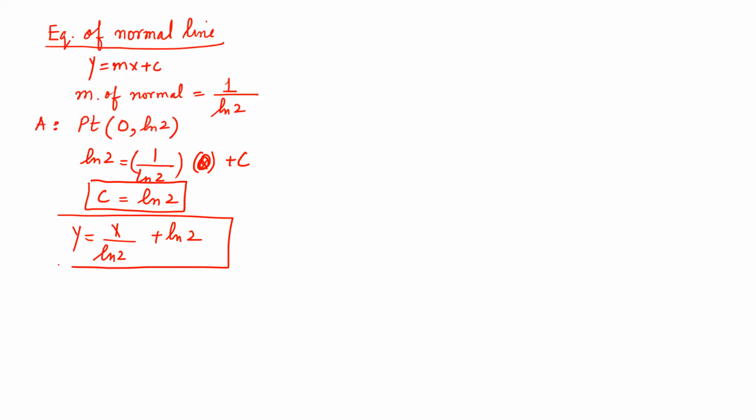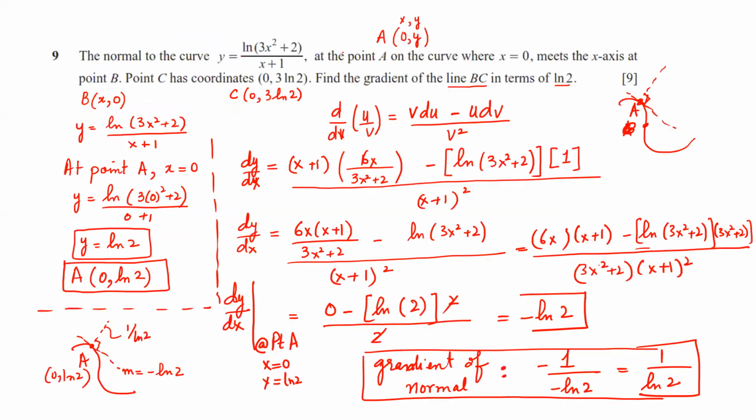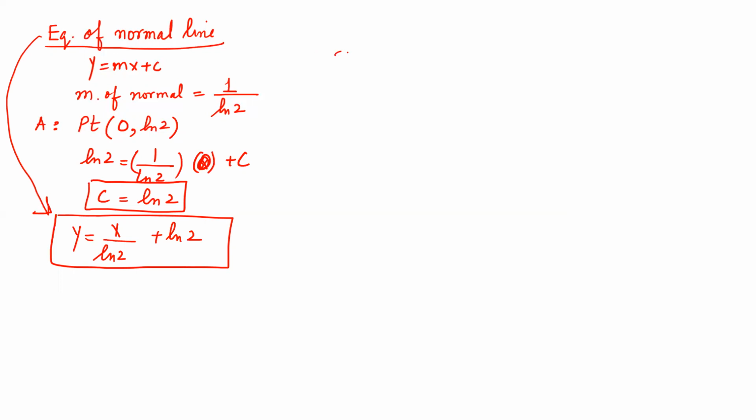So this is the equation of the normal line. Now what is it saying? It is saying that the normal line is passing through point A and meets the x-axis at point B. So for example, this is the line that was passing through A. It meets the x-axis at this particular point B. This is your x-axis, say this is your y-axis.